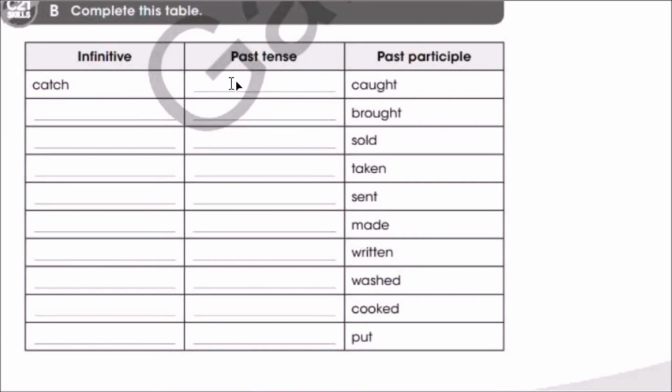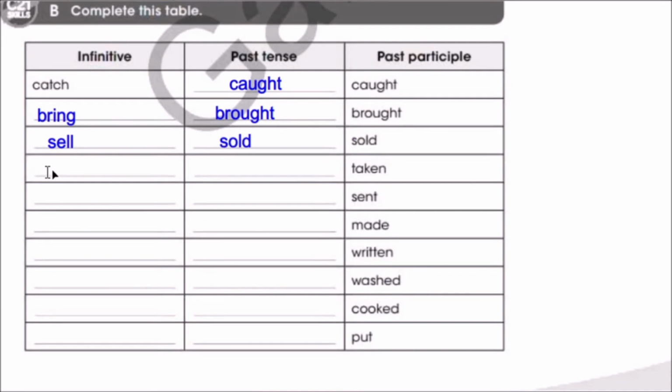Catch, caught. Very good. Brought, so the infinitive is, very good, bring, brought, good job. Sold, so sell, sold, good job.